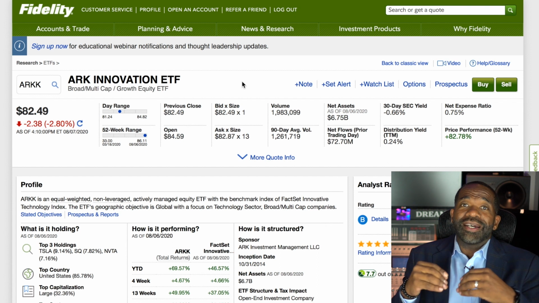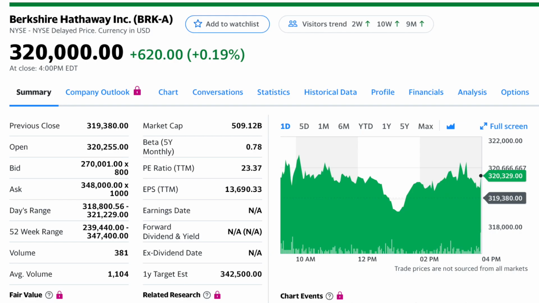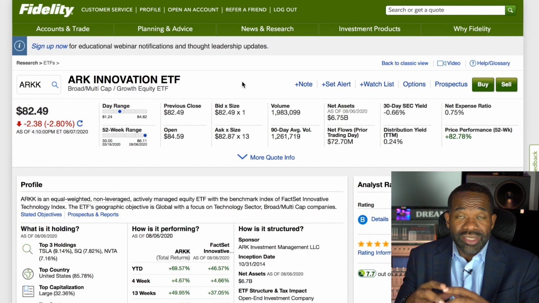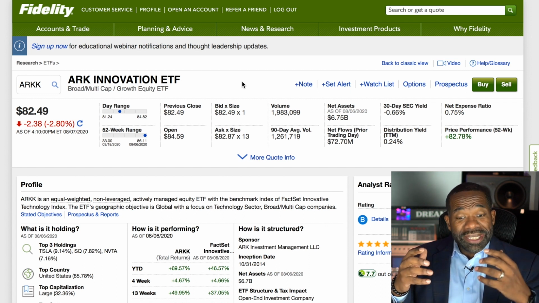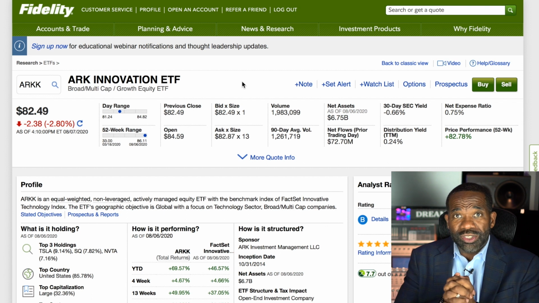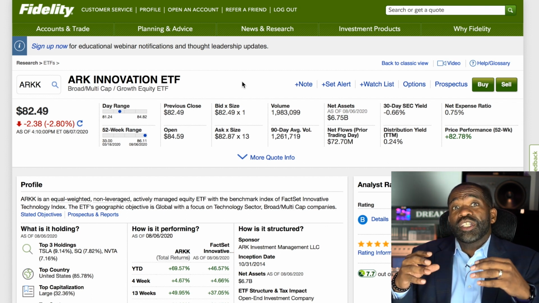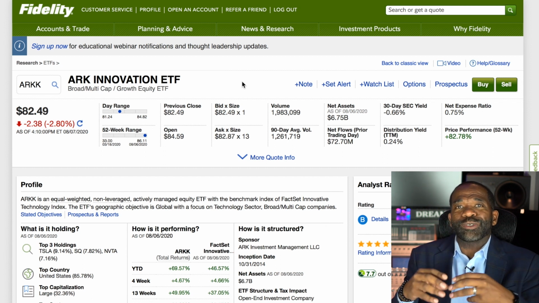And for those of us that trade, there's a stock called Berkshire, and that one share is $300,000. But it started out many years ago at $300. It grew from $300 to $300,000.